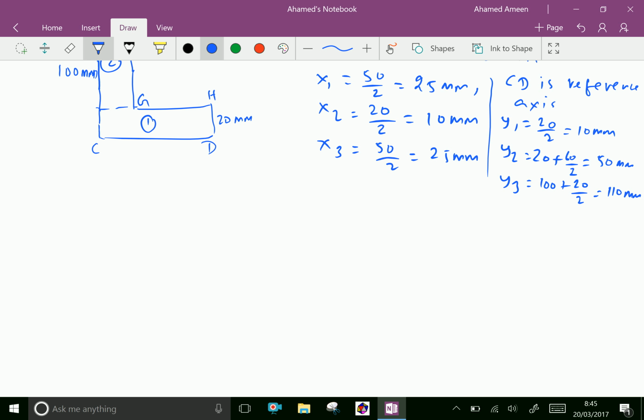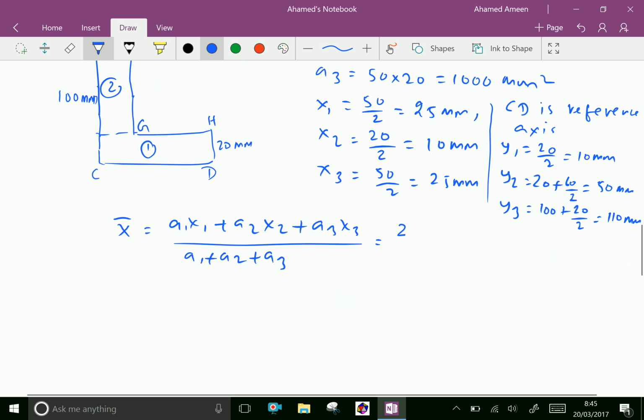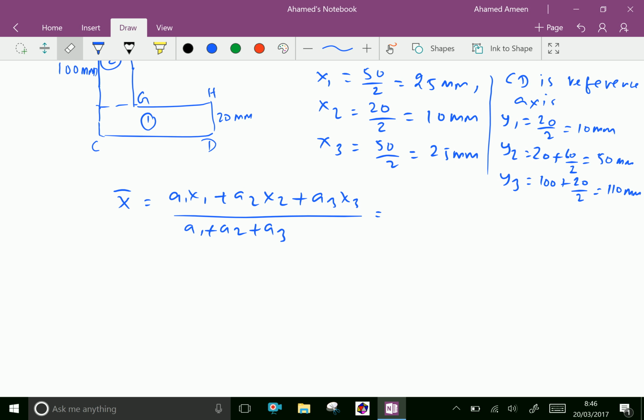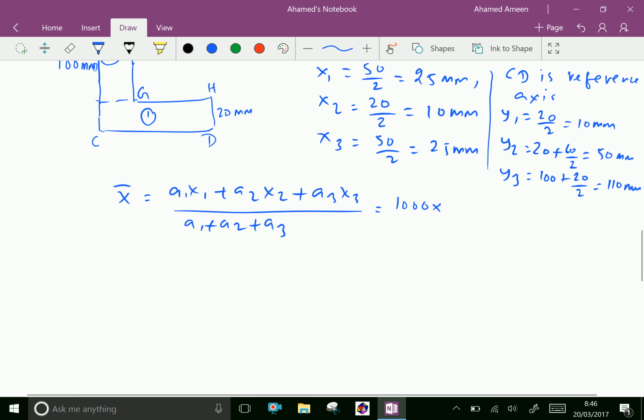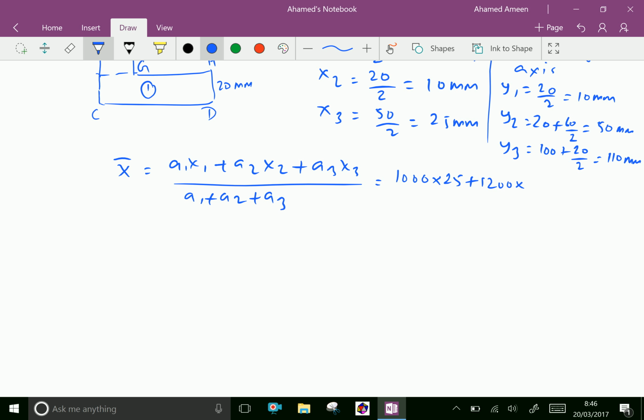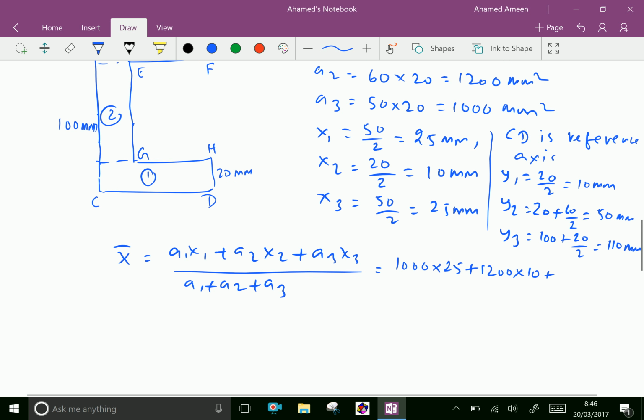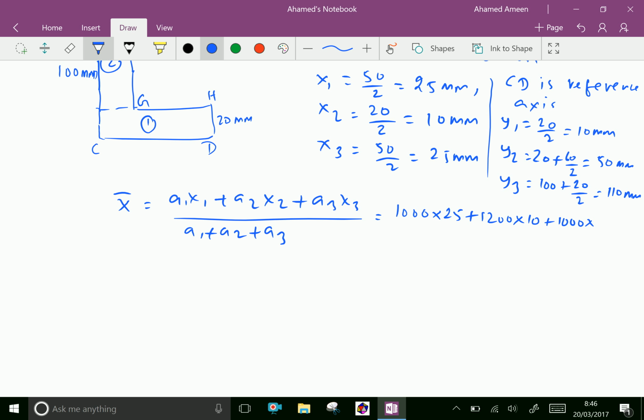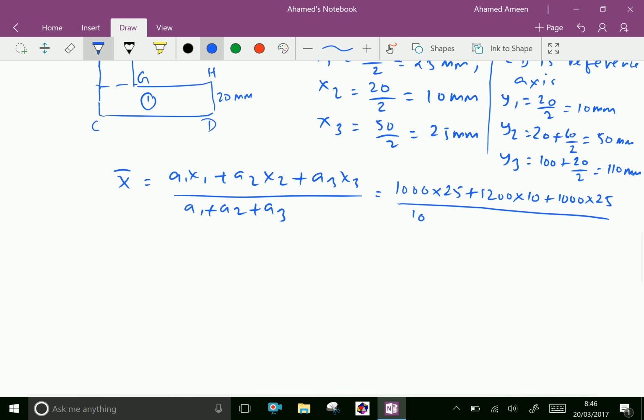Now let us calculate x bar, which is equal to A1 x1 plus A2 x2 plus A3 x3 over A1 plus A2 plus A3, which is equal to A1 is 1000 into x1 is 25 plus A2 is 1200 into x2 is 10 and A3 is 1000 multiplied by x3 is 25 over A1 is 1000 plus A2 is 1200 plus A3 is 1000.